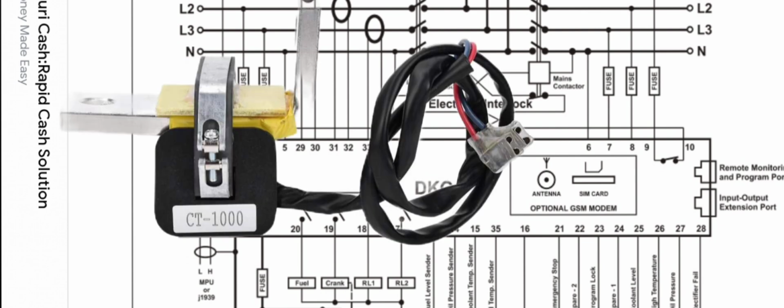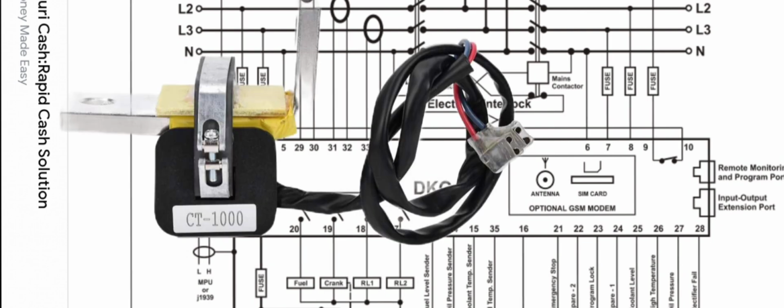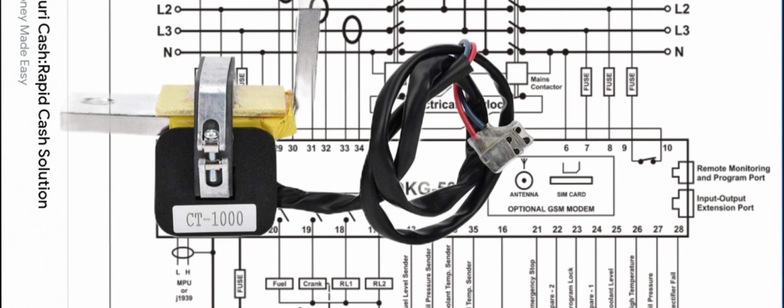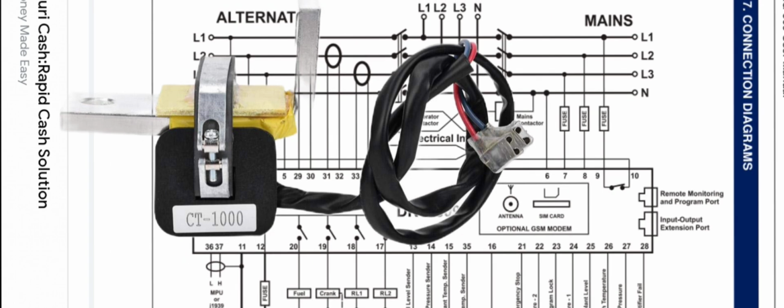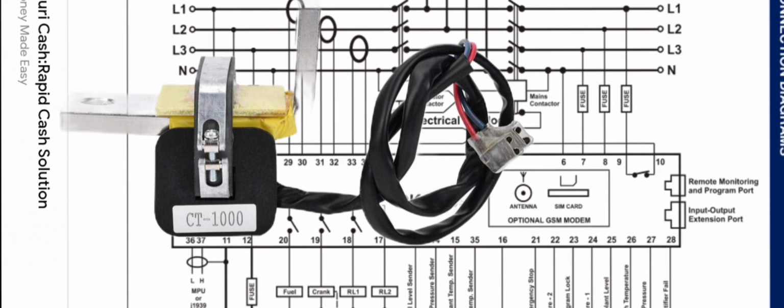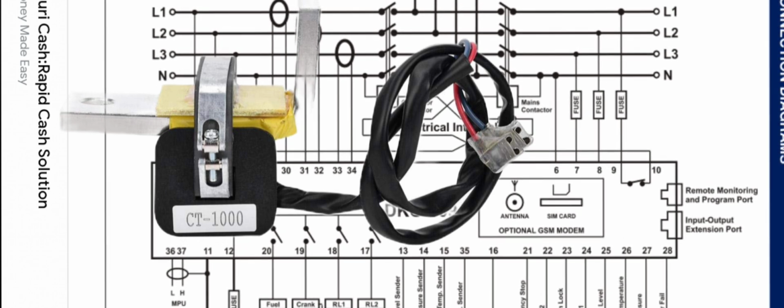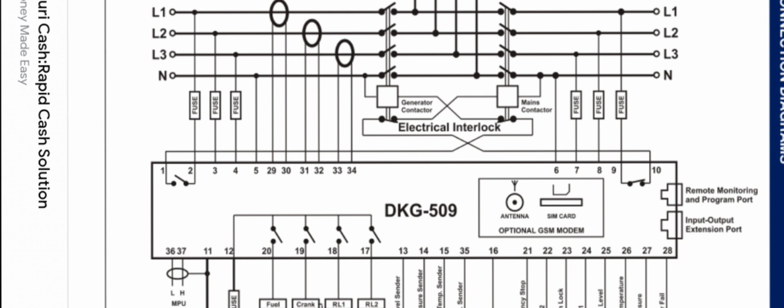The current transformer of L1 is 29 and 30, of L2 is 31 and 32, and of L3 is 33 and 34. Between the loads we have the electrical interlocking, which is controlled through the NC and NO contacts. On the right side we have pins 6, 7, 8, 9, and also a normally closed contact.